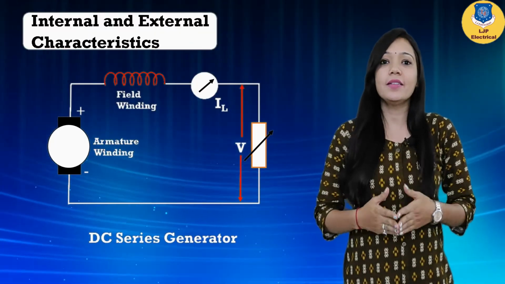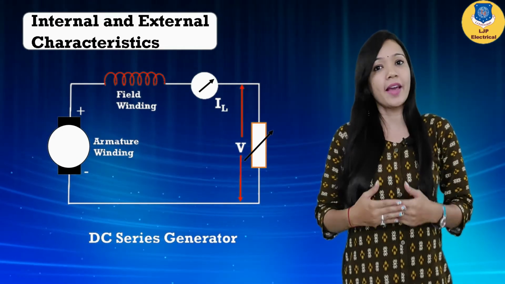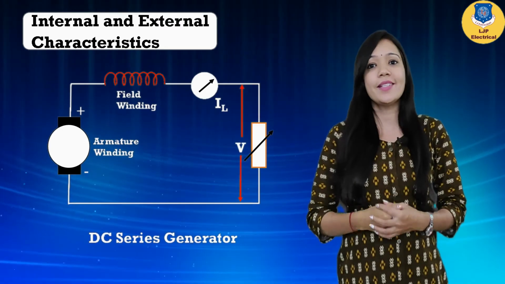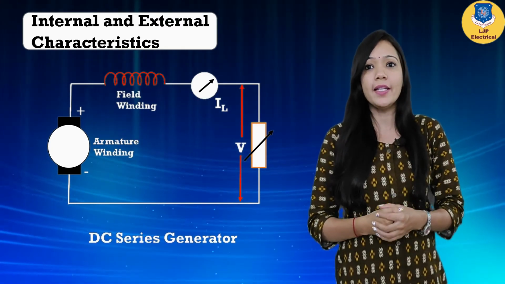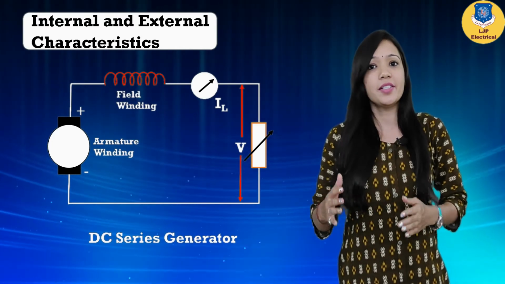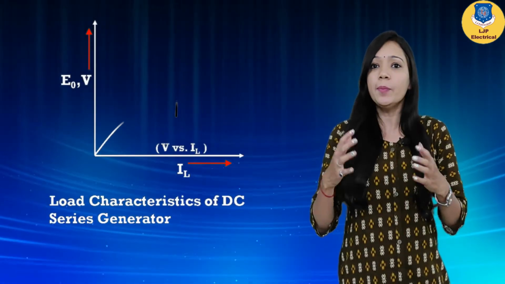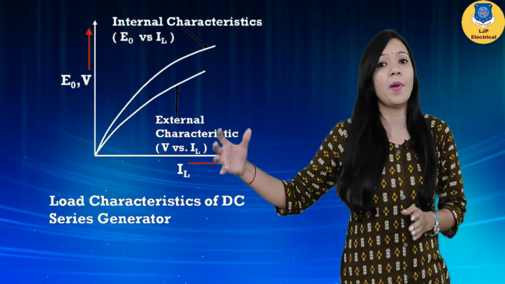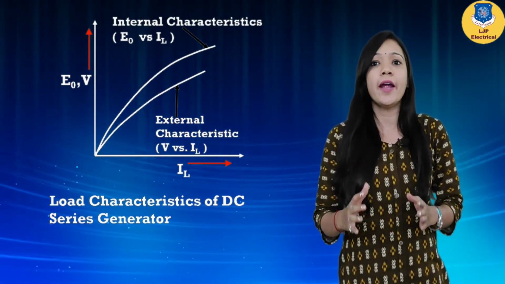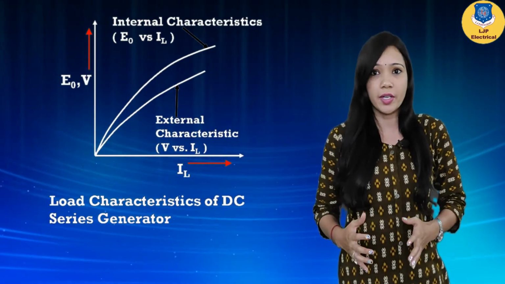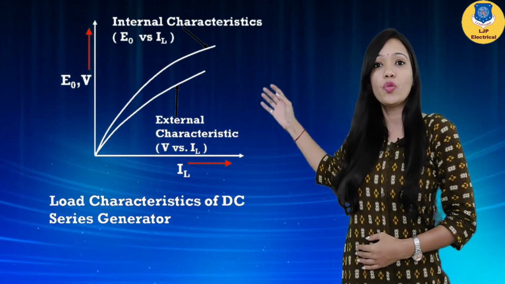So, let us see the internal and external characteristic of the DC series generator. In the DC series generator, the field winding is connected in series with the load. Therefore, it builds up some voltage only after the load is applied. The external and internal characteristic of the DC series generator is shown in the figure.